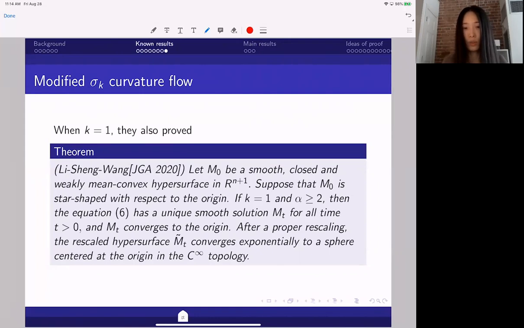Then equation 6 has a unique smooth solution M_t for all time t greater than 0, and if we rescale this flow, the limit is a sphere. They also proved that alpha greater than or equal to 2 is optimal, because when alpha is less than 2, they constructed a counterexample where the flow doesn't converge to the origin, and the rescaling of the flow is not a sphere.